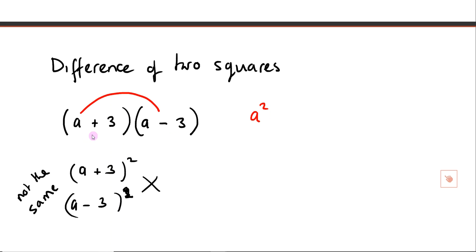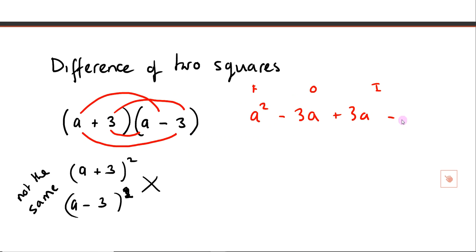Outsides are negative 3a. Insides are positive 3a. Lasts is negative 9. And when I collect those together, negative 3a and positive 3a becomes 0. So I end up with a squared minus 9.